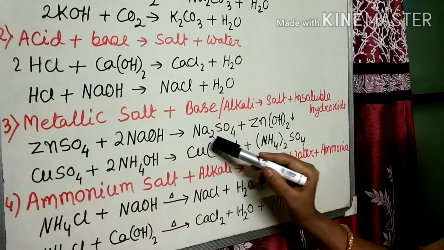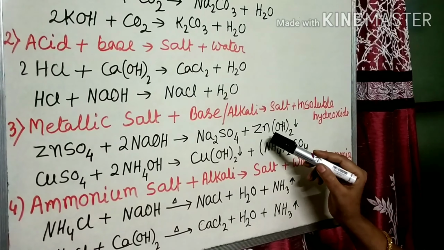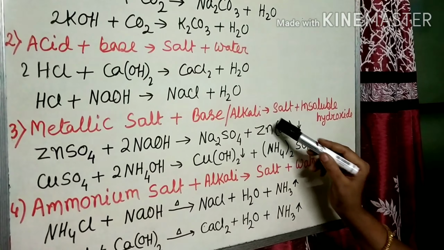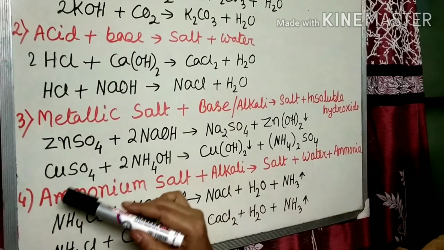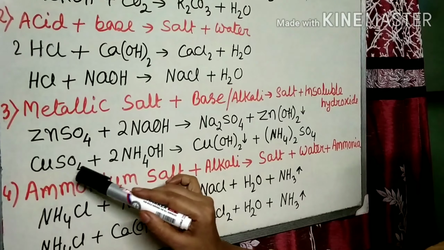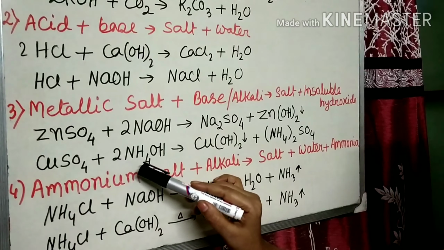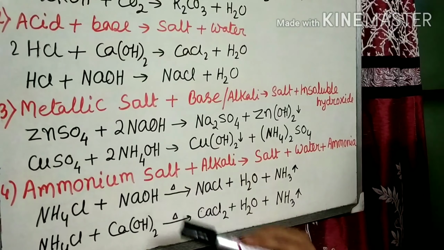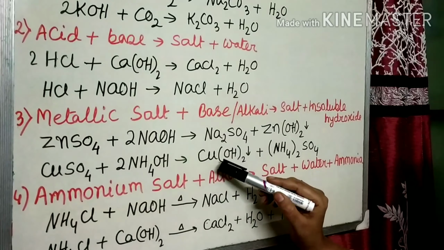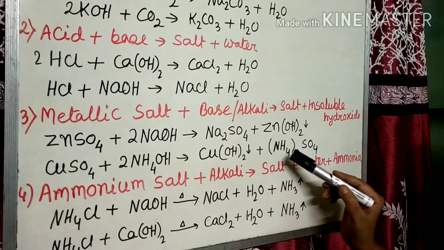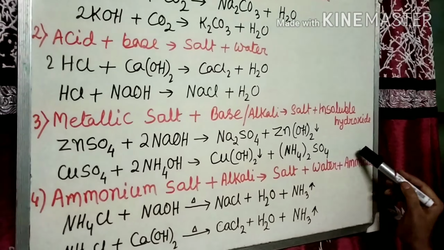It forms salt Na2SO4 plus Zn(OH)2, which is an insoluble hydroxide. Another example, CuSO4 when reacted with ammonium hydroxide gives Cu(OH)2, an insoluble hydroxide, plus (NH4)2SO4.